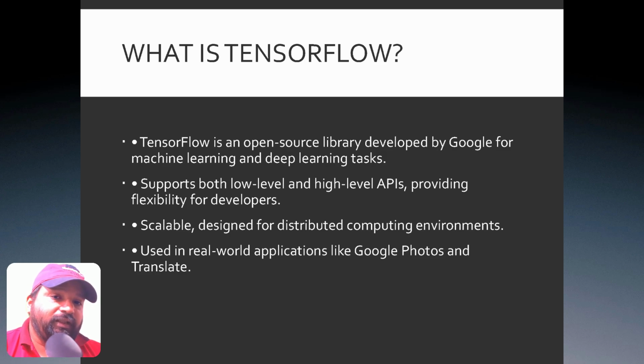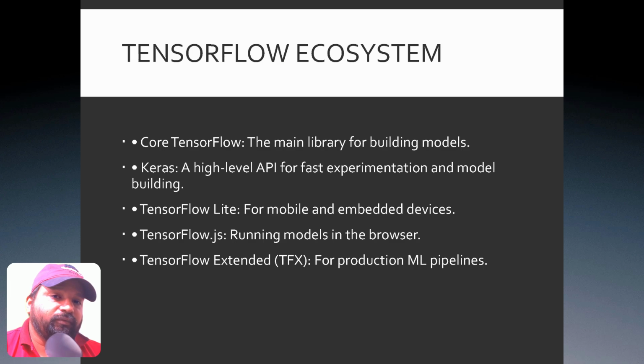So, what is the ecosystem of TensorFlow? Core TensorFlow is the base library for building your models. Keras works on top of TensorFlow. It is a high-level API for fast experimentation and model building.